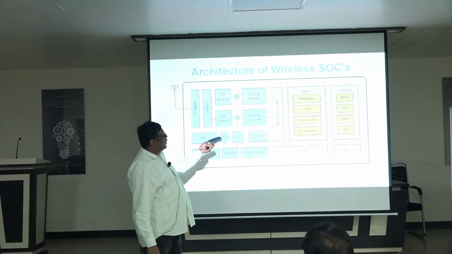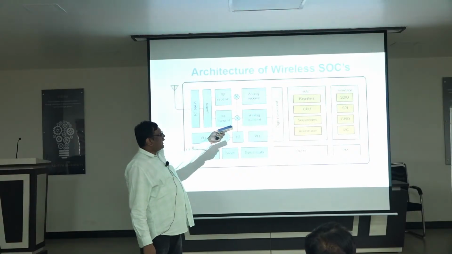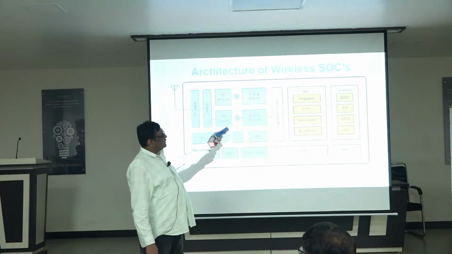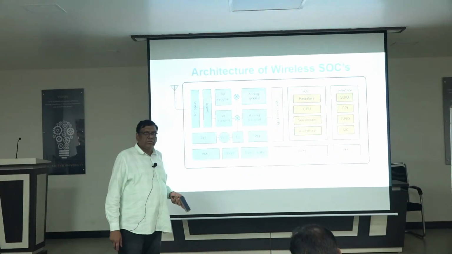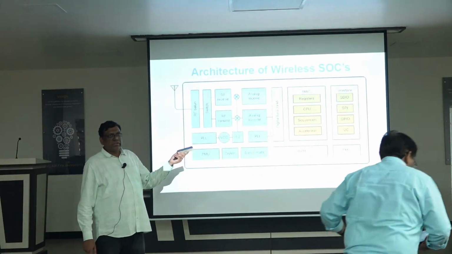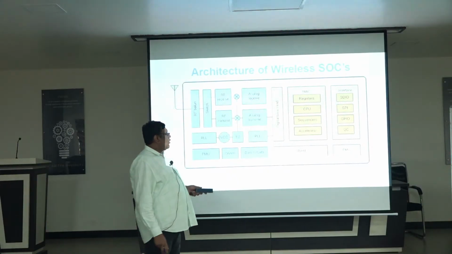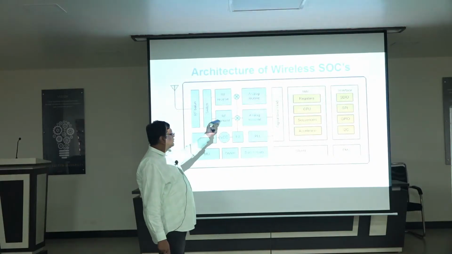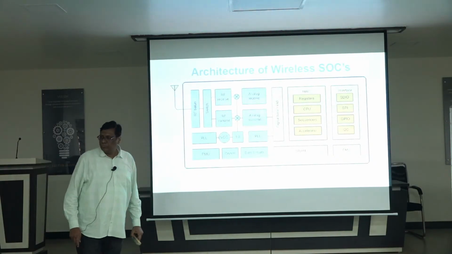Other than that, we also have so many interfaces like SPI, GPIO, I2C, so many protocols. CAN, if you are using it in automobiles. So the SRAMs and the digital baseband, these are the different components you will have.